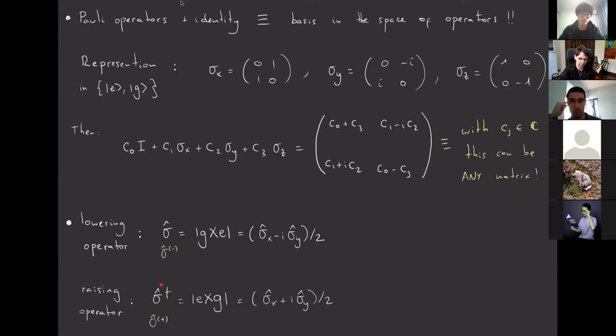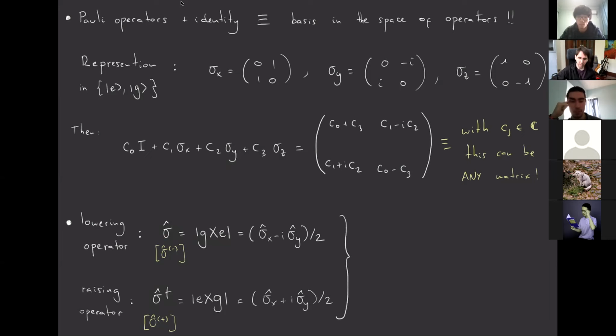But they are actually the dagger of the other, okay? They are not independent. And moreover, I don't need to complicate the notation. I can just define sigma and we are all happy. I don't have to write every time minus or plus or whatever. Just sigma and sigma dagger. But just so you know that this notation is used in many quantum optics books and papers. Maybe you have even used it before in quantum mechanics for angular momentum, the raising and lowering operators.